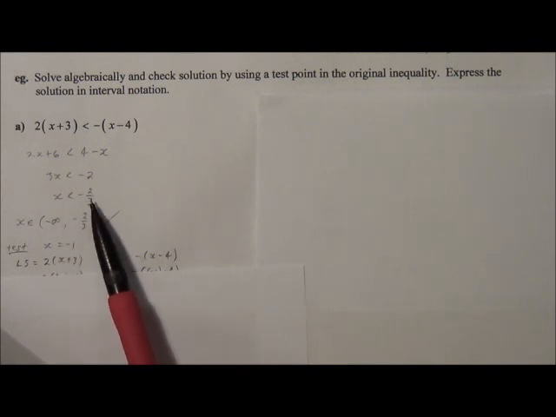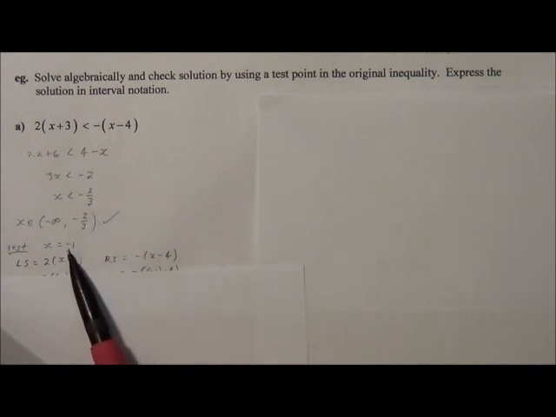We could have used negative 2, negative 5, negative 10, negative 50, negative 76. It doesn't really matter. As long as it's less than negative 2/3, it's in that range of values. And you may as well make your life easier by using as simple numbers as possible for a test point. So that's why I'm using x equals negative 1.